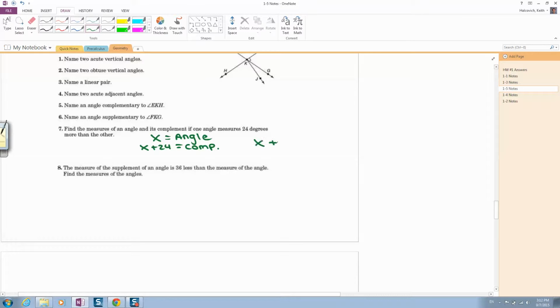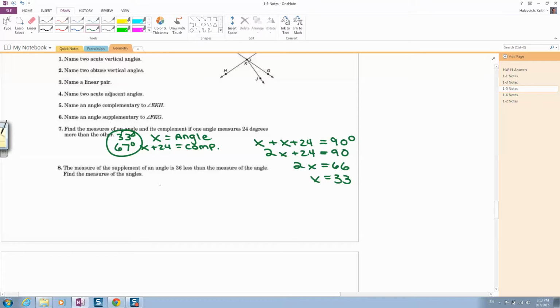So when you add these together, it's equal to 90 degrees. So subtract 24 and you get 66. So x equals 33, which is one of the angles. And the other angle, 33 plus 24, is 57.